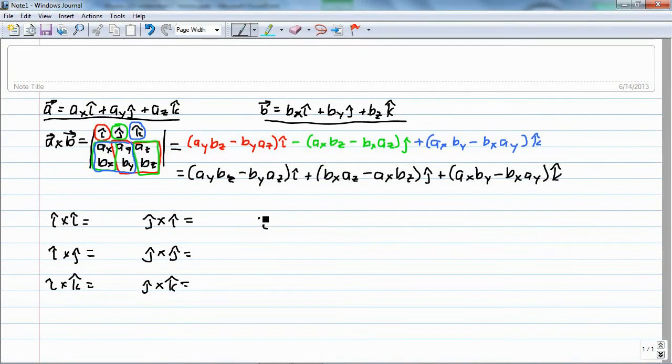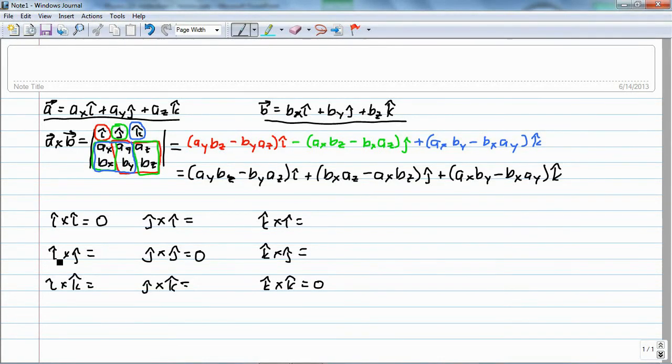And then we have k hat cross i hat, k hat cross j hat, and then we have k hat cross k hat. So when you do a cross product of a vector with itself, these are the easiest. It's 0. And that makes sense because the angle between the two would be 0, and sine of 0 is 0.